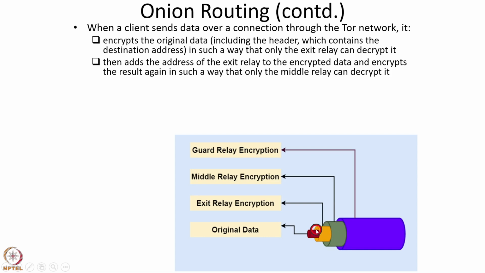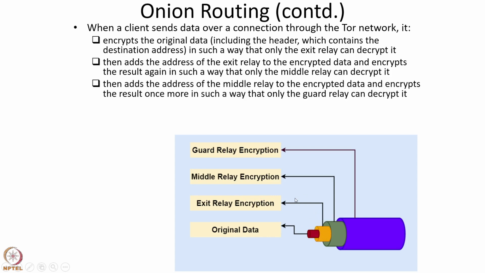After doing the exit relay encryption, the client adds the header, which includes the identity of the exit relay, to this information, and then it encrypts the resulting information, and that is the middle relay encryption. Then again the client adds the address of the middle relay to the encrypted data and encrypts the result once more such that only the guard relay can decrypt it. So this third encryption is shown here by the purple layer.